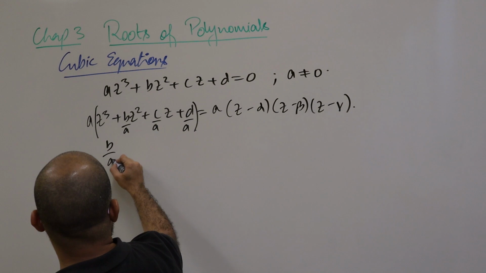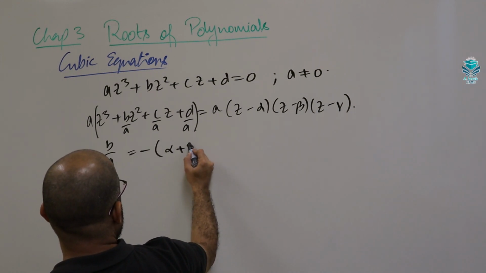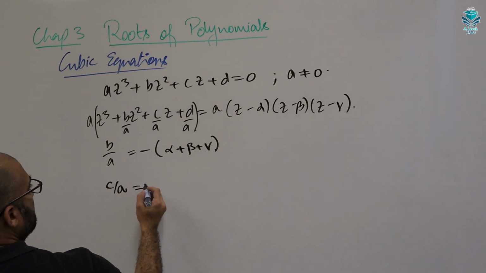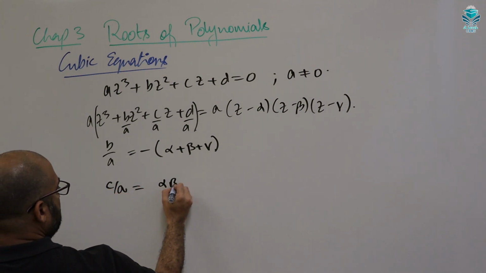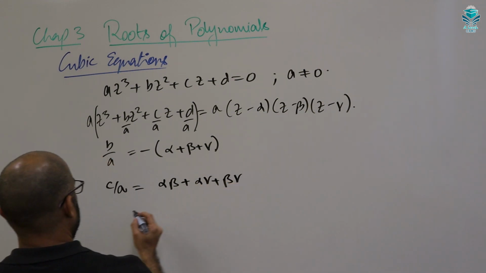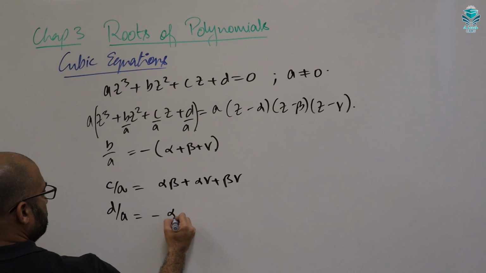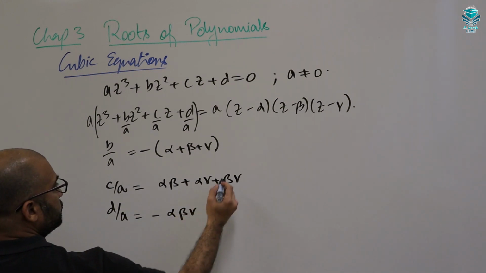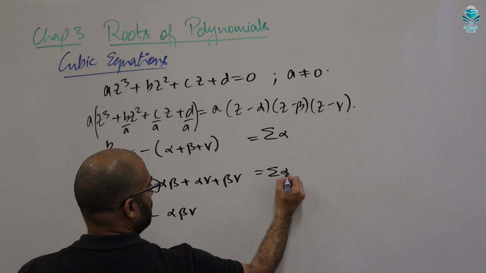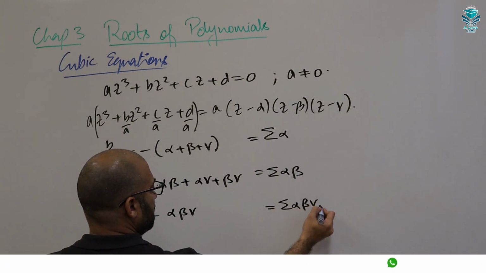So you can write b over a as the sum of the roots, and c over a as the product of two roots, and d over a as the product of all the roots. You can write it as the sum of alpha, the sum of alpha beta, and alpha beta gamma.